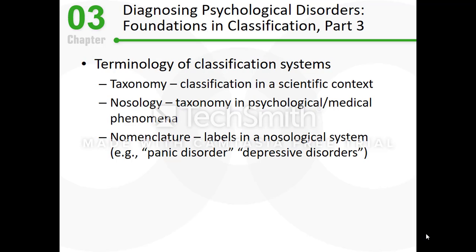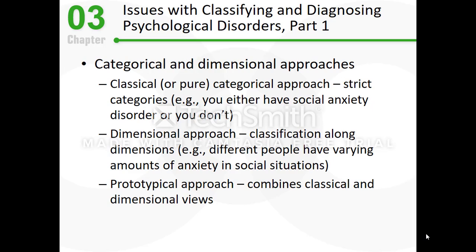So in other words, taxonomy would be: what are the scientific principles or structures of this particular set of symptoms. Nosology would be: what is the medical or psychological diagnosis, and what are the symptoms that represent that disease. And the nomenclature is simply the label that you're going to put on that category.